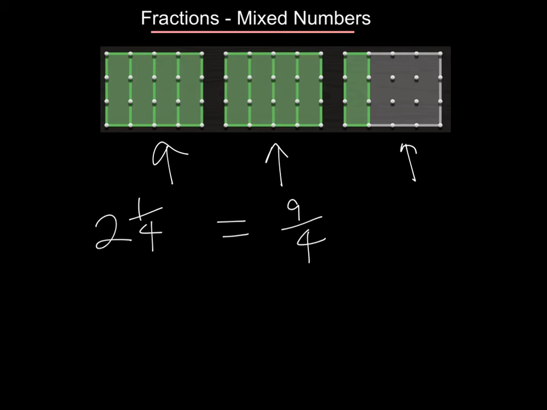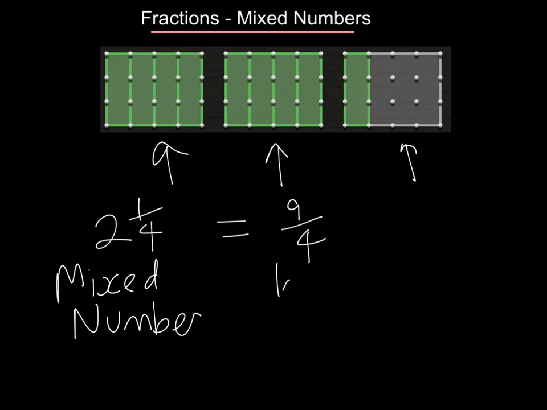The number on the left is called a mixed number. And that's because it has a whole number part and a fraction part. The number on the right is called an improper fraction. It's improper because the number on the top, the numerator, is bigger than the denominator.